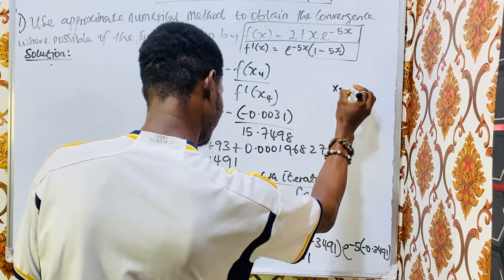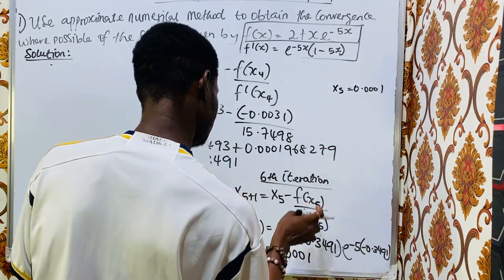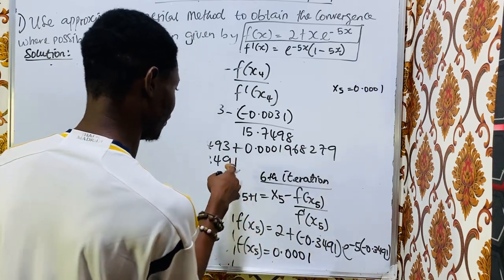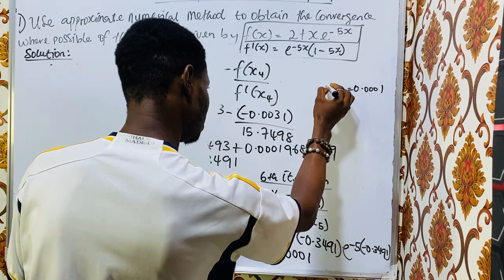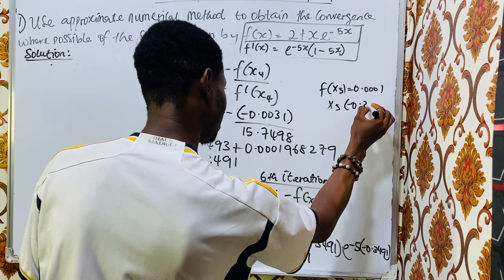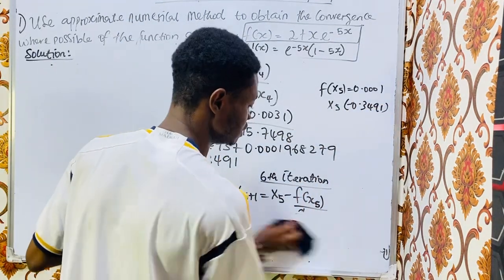My f of x5 is 0.0001. Then my x5 is minus 0.3491. So these are the two values I need, so I can clean out these terms.